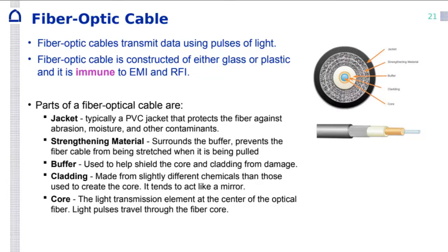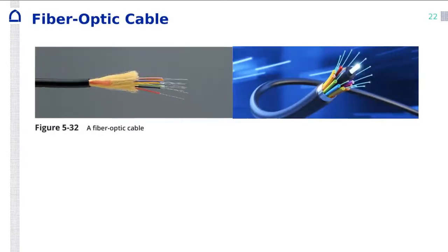Then we have a strengthening material that surrounds the buffer. This is the buffer. And then we have the cladding that will reflect. Then we have the core. This is how it looks like. This is a fiber optic cable, as you can see here.